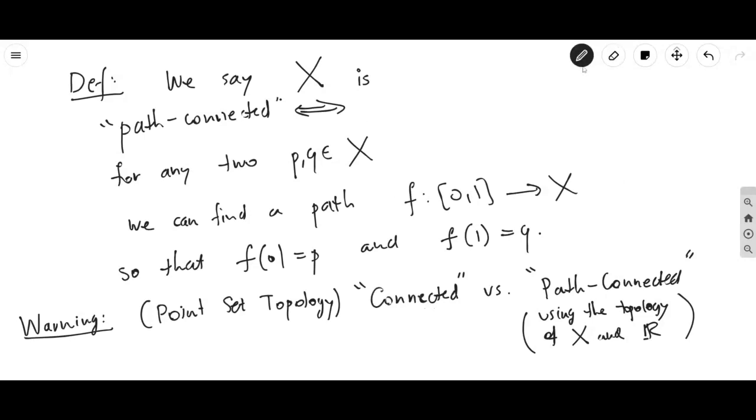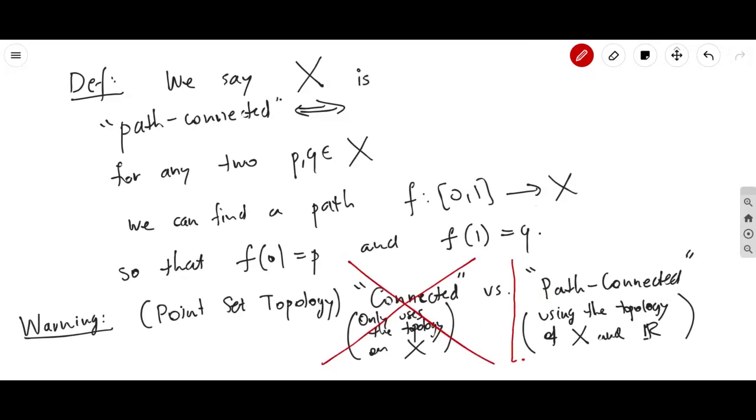Whereas the notion of being connected only uses the topology on X. So connected is something that's a little bit more general. And if that bothers you, just forget about it. For the purposes of this class, path connectedness is all we need.